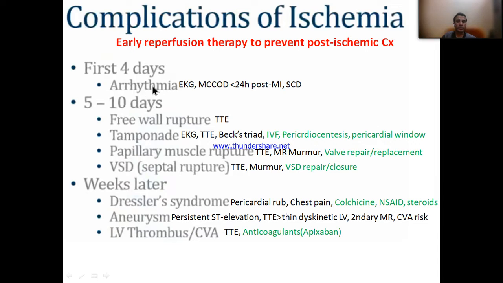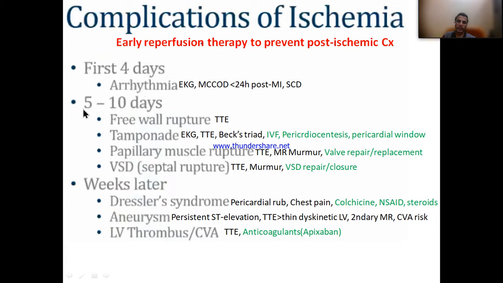And arrhythmias, especially ventricular tachycardia or ventricular arrhythmias, are the most common cause of death within the first 24 hours after MI. And obviously you have to do serial EKGs, okay, to check whether or not the patient is going through arrhythmias.